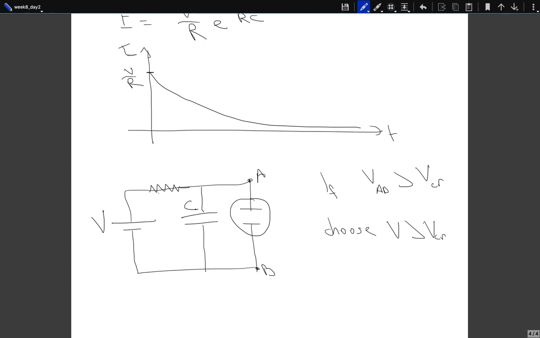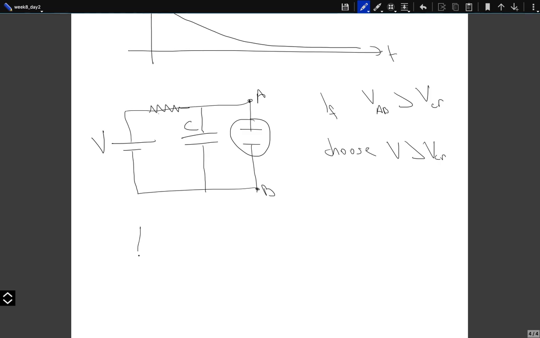So the potential difference between A and B is 0. If you would plot VAB as a function of time t, initially the potential is 0. Let's say the critical potential is over here.